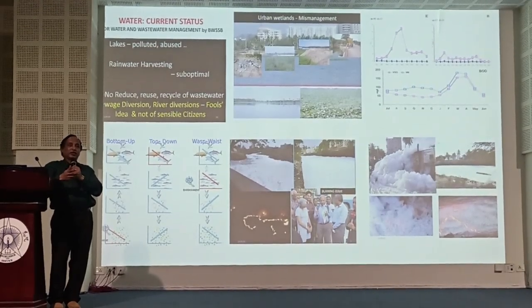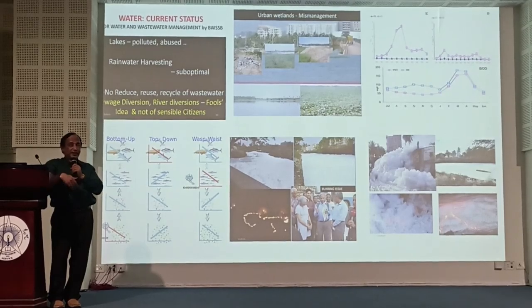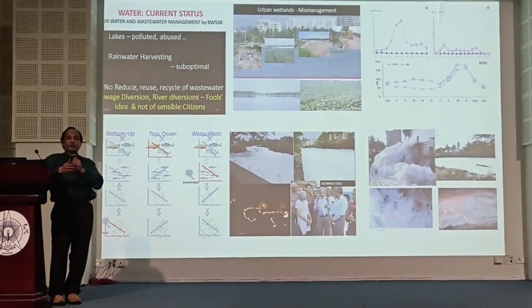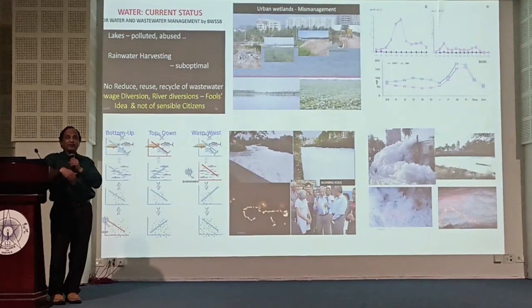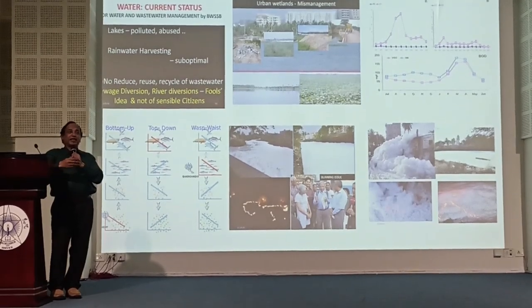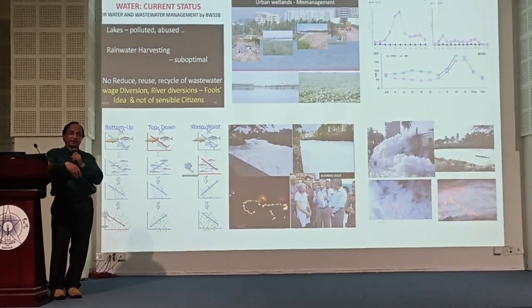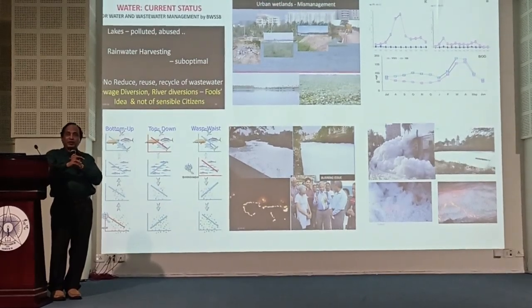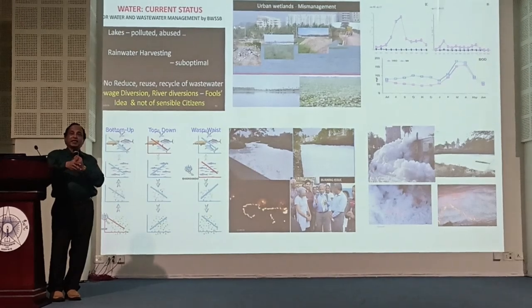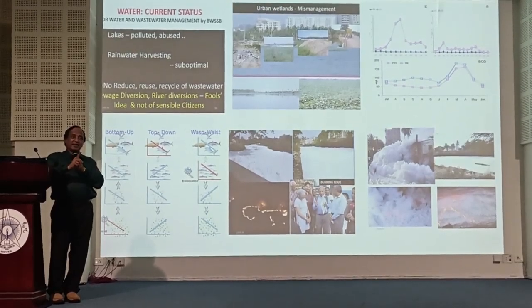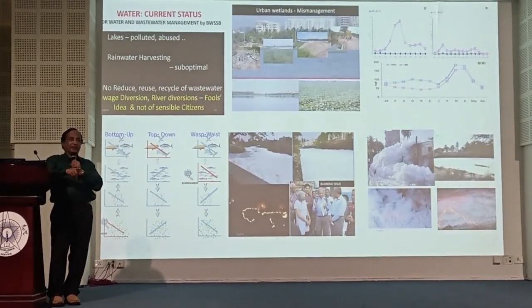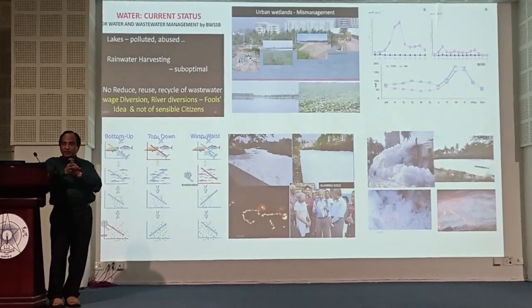Now during the pre-monsoon and monsoon, there is a high wind. Because of the high wind, there is a churning of the lake water. When the churning happens, the phosphorus in the sediment gets detached. It is similar to putting detergent in a bucket of water and stirring it, and you see the foam formation. Exactly the same thing happens in the lake. So you will see the froth formation.